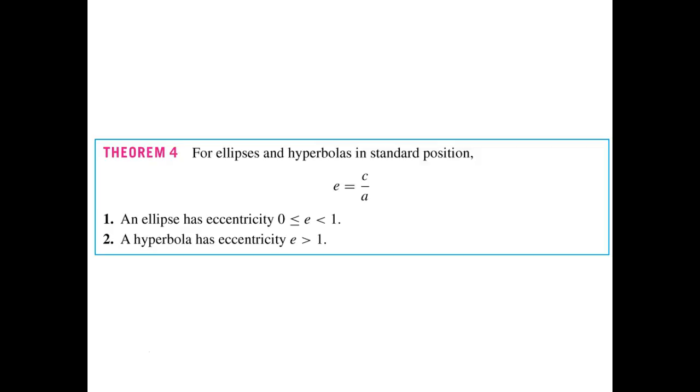Now remember, in an ellipse, c is less than a. In a hyperbola, c is greater than a. So an ellipse has eccentricity between 0 and 1. It could be 0. If it's 0, what kind of ellipse is that? Circle. Okay? Otherwise, it will be between 0 and 1, but never 1. A hyperbola has an eccentricity greater than 1, so c is greater than a.